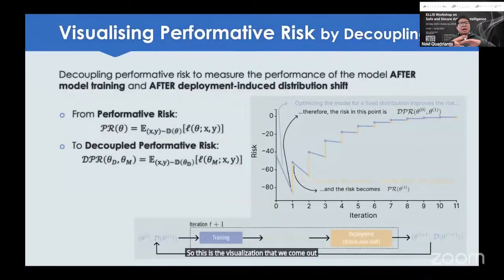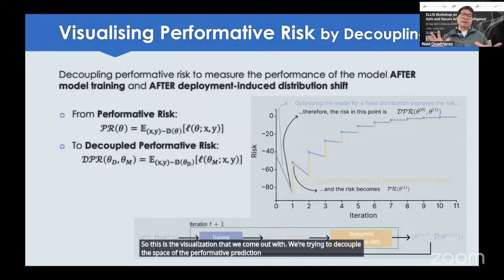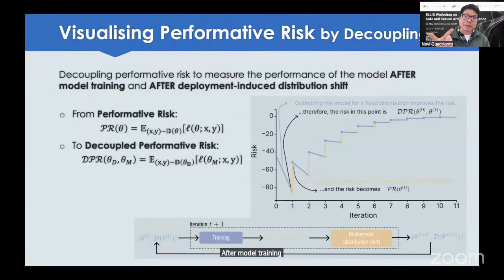We're trying to decouple the space of the performative prediction. The decoupled performative risk measures the performance of the models after model training and after the deployment-induced distribution shift.